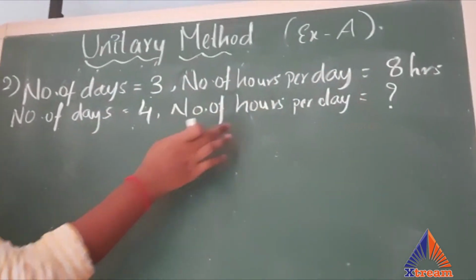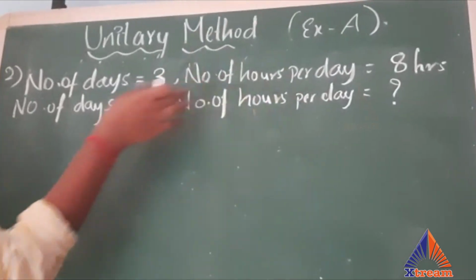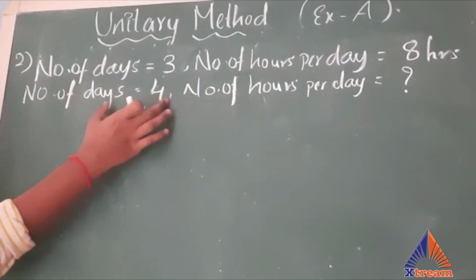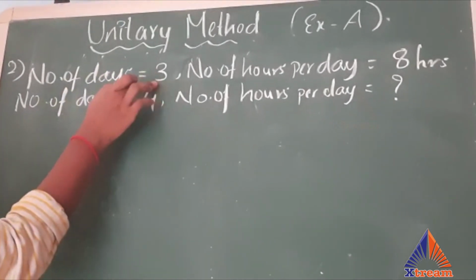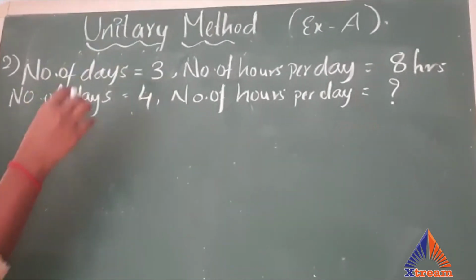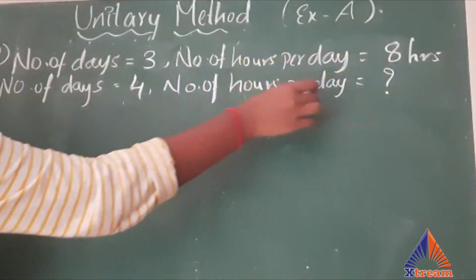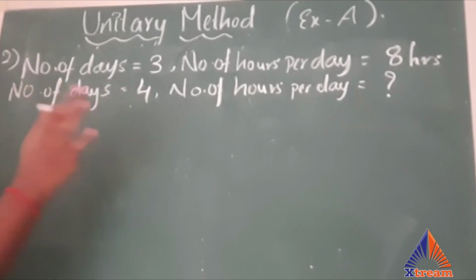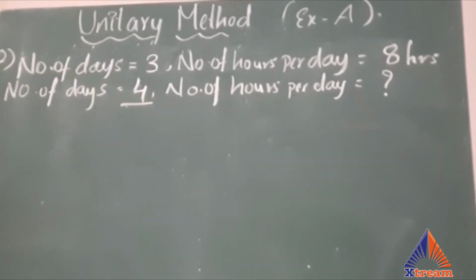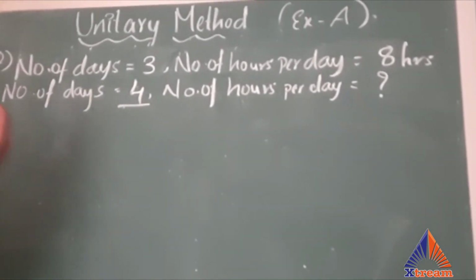How many hours should he work per day in order to complete the new chair in 4 days? They are asking you to find how many hours you should work in order to complete a chair in 4 days. So let's solve it in the arrow method only.